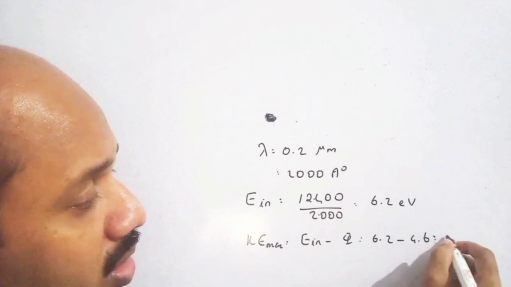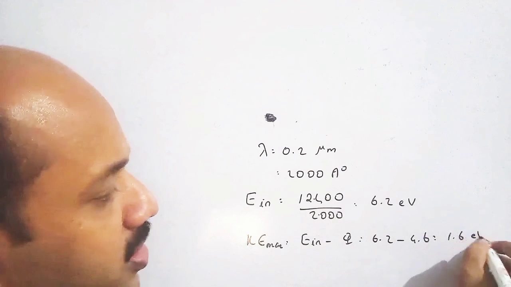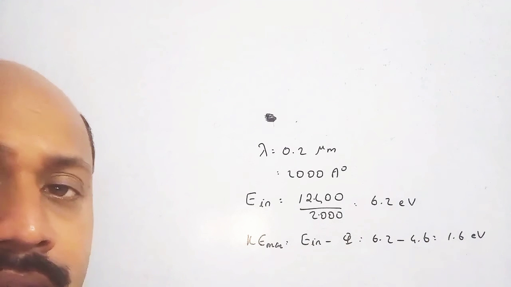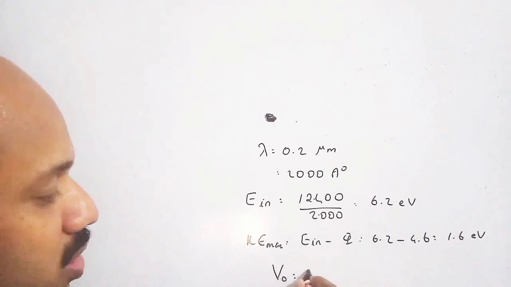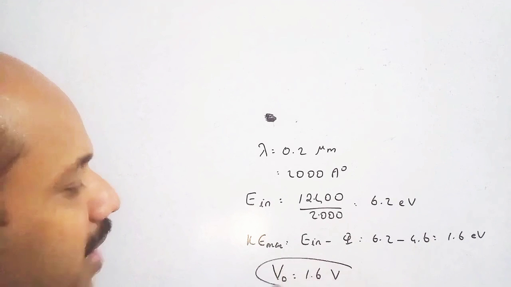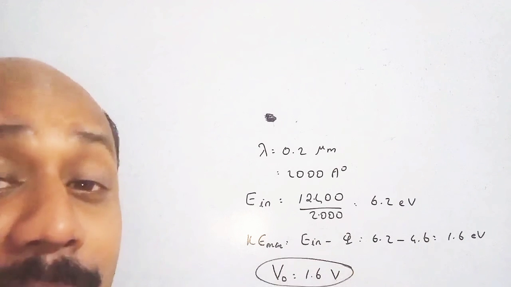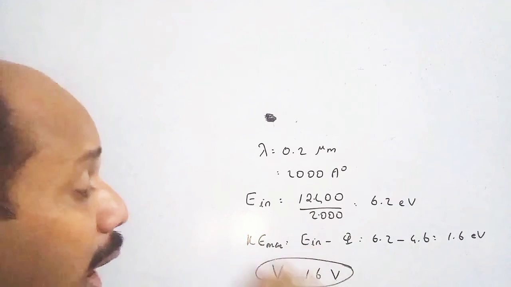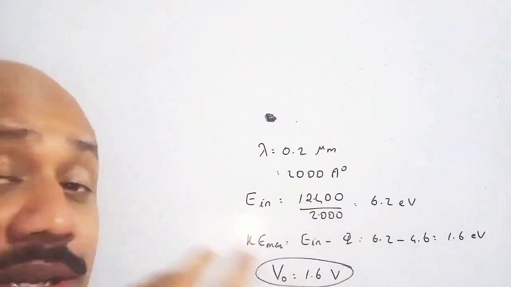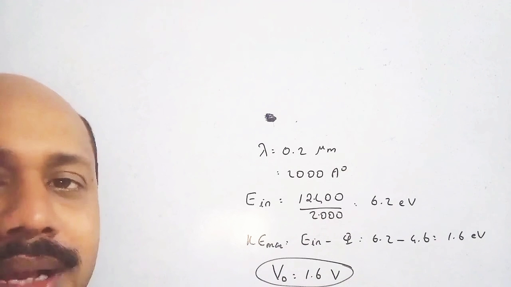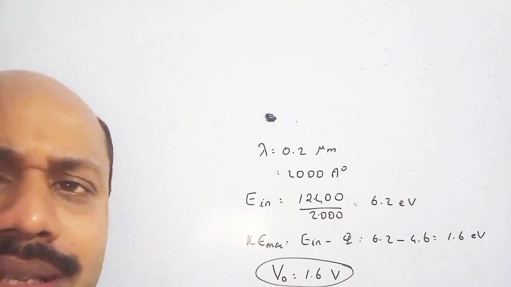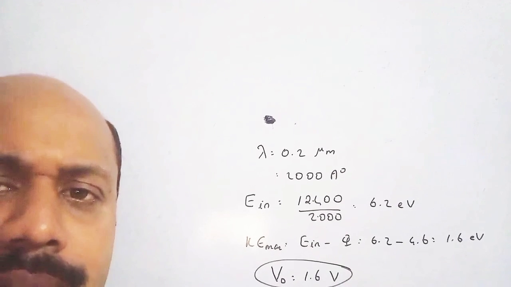That is only 1.6 electron volt. Therefore, the stopping potential is 1.6 volt. Therefore, the maximum potential of that sphere will be 1.6. If the potential reaches this 1.6 volt, then further electrons will not be emitted out, right? Yes.